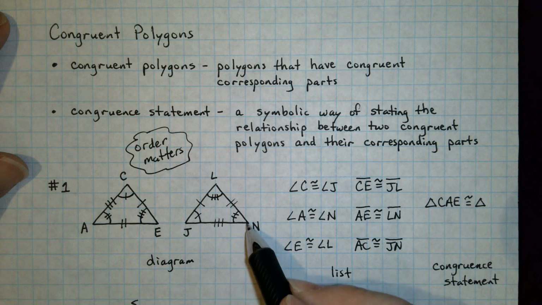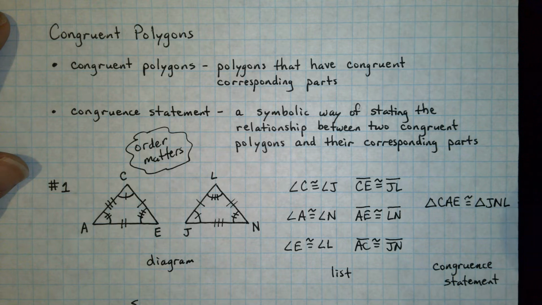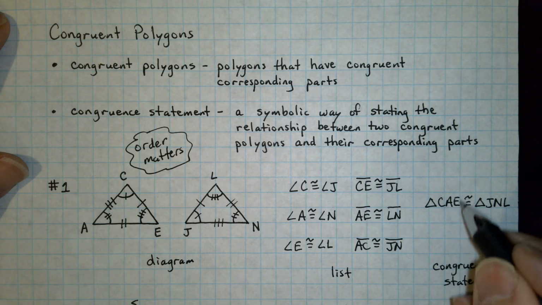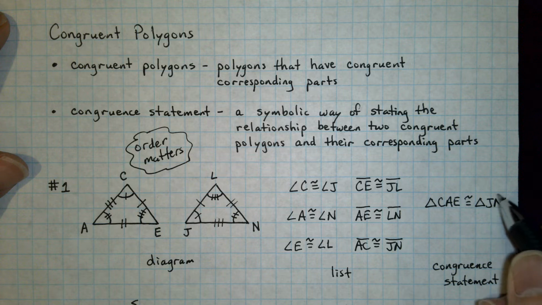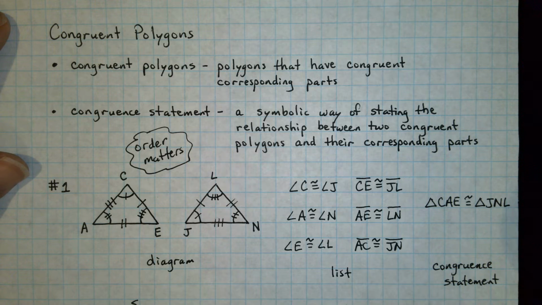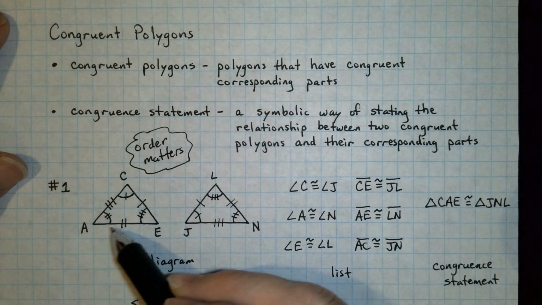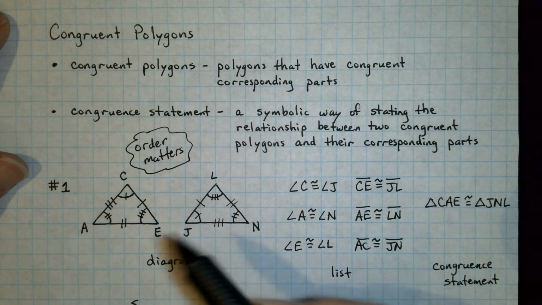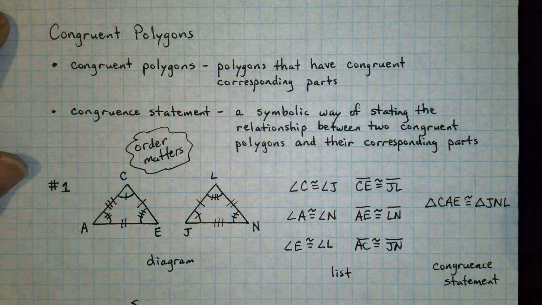That's J, N, L. Now there are other options on how I can write the congruent statement, but once I choose the first one, the order of that forces how I have to write the second one. Now you can also follow along the sides and see how their markings are, and then duplicate that same order on the other one. So angles or sides will work for that.